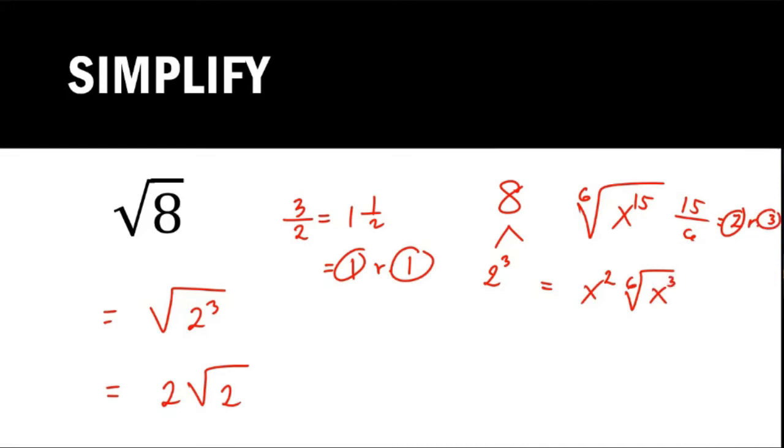So that is one of the ways that we can use to simplify a radical expression. Again, you will just divide the exponent by the order. The quotient will be the exponent of the base outside the radical.